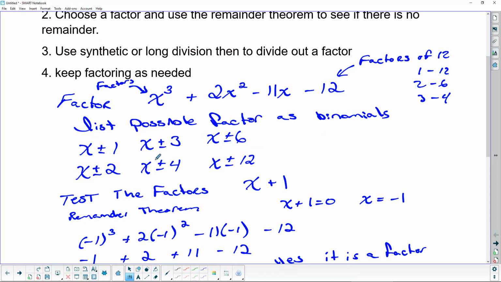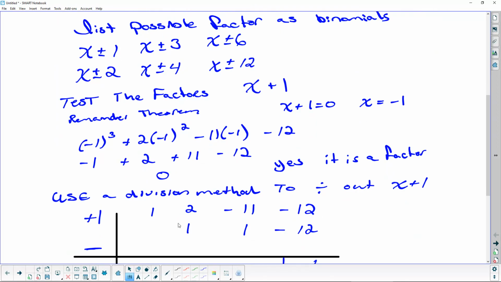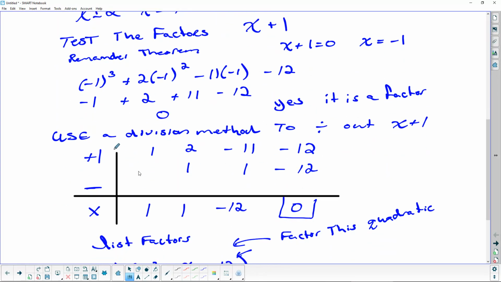And then we just choose one to put in the remainder theorem, hope we get a 0. If we don't get a 0, we throw it out and start again. And then once we get one that gets us a 0, we divide. We could use synthetic division or long division, whichever we like better. I choose synthetic division because it's quicker. But if you understand long division better and like it better, do it that way.